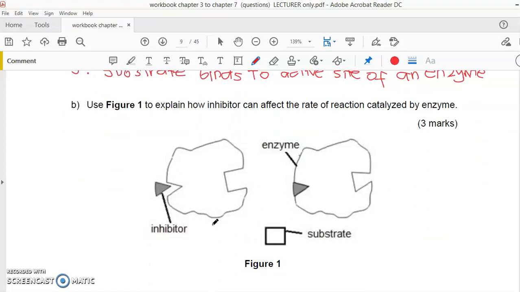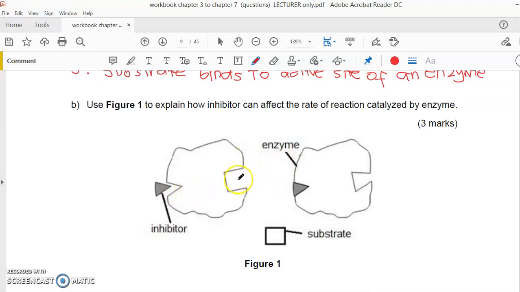So this next question shows figure 1, and if you can clearly see here, this is an enzyme and there is the presence of an inhibitor. Generally, if you have a look at this enzyme, this inhibitor is bound to the other side of an active site.